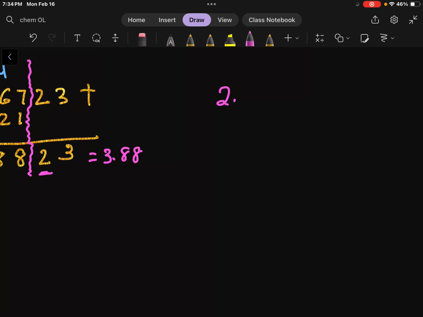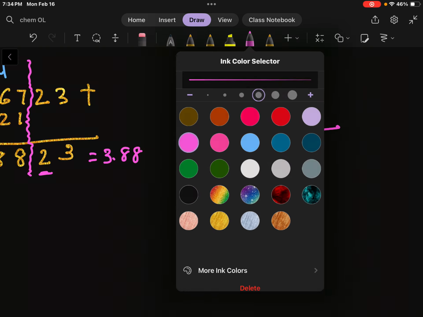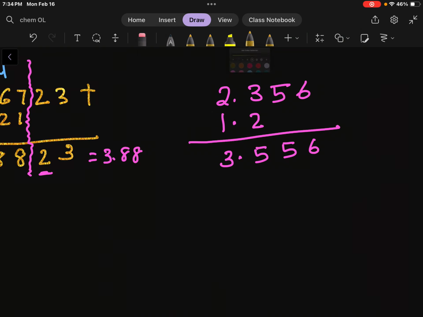Let's see one more example, which is 2.356 and 1.2. Let's add this. When you add, you will get 3.556. Now, this one has only 1 decimal place, that is the lowest decimal place.